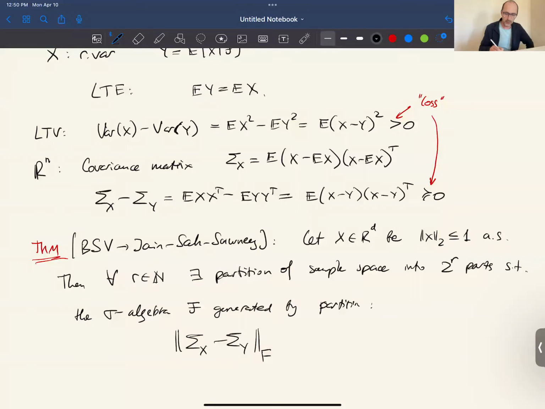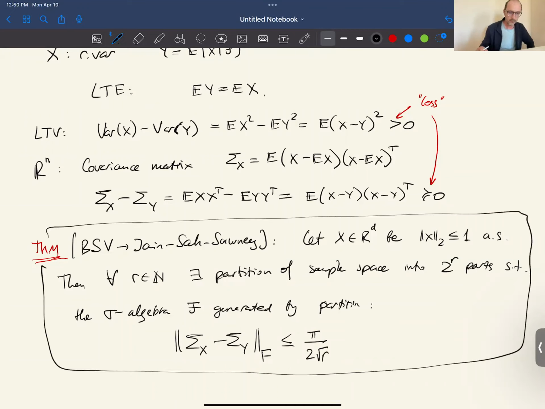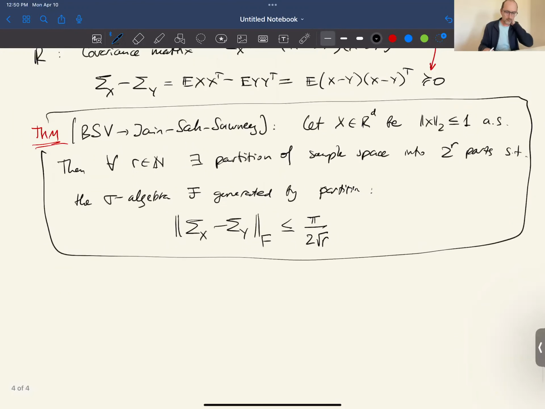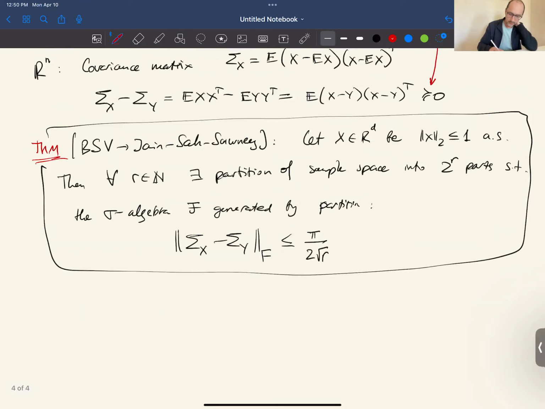So in the Frobenius norm, the smallest is, I think, going to be pi over 2 root r. And this is optimal. I'm not sure about the constant pi over 2, but the rate of decay is optimal.